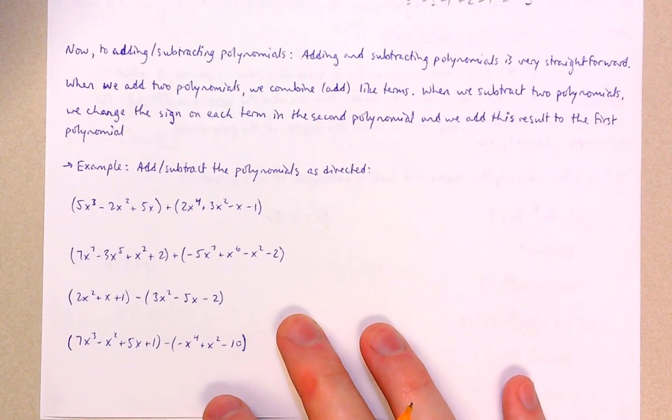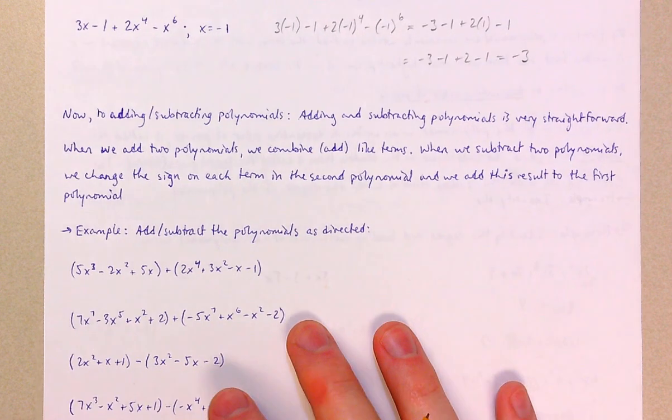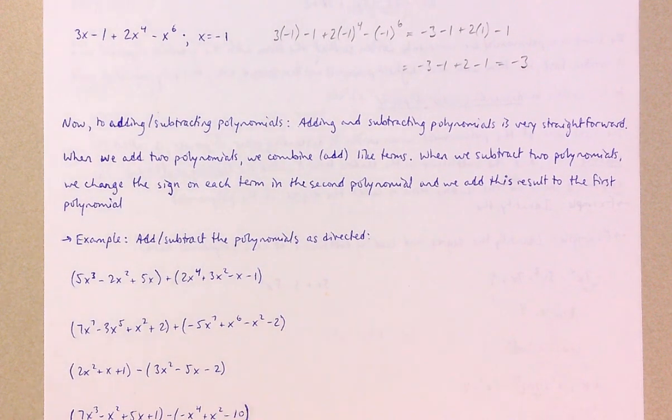Now, the other big thing that I want to talk about in this video is adding or subtracting polynomials. Adding and subtracting polynomials is very straightforward. Basically, it is essentially just combining like terms. When we add two polynomials, we combine or add or subtract the like terms.